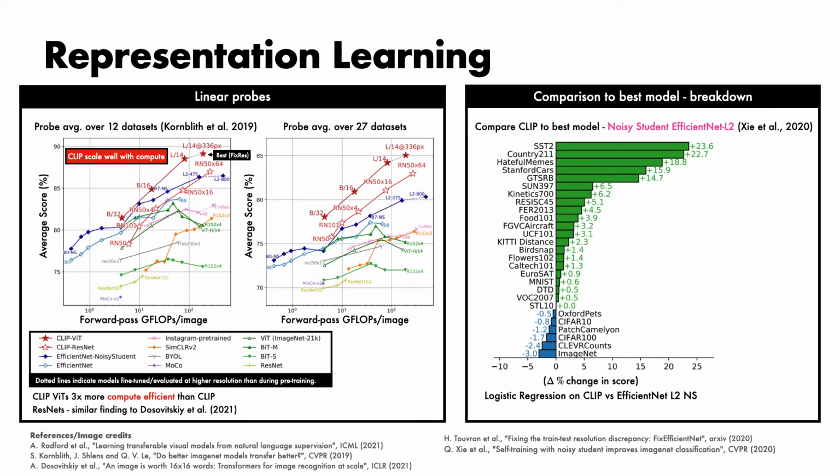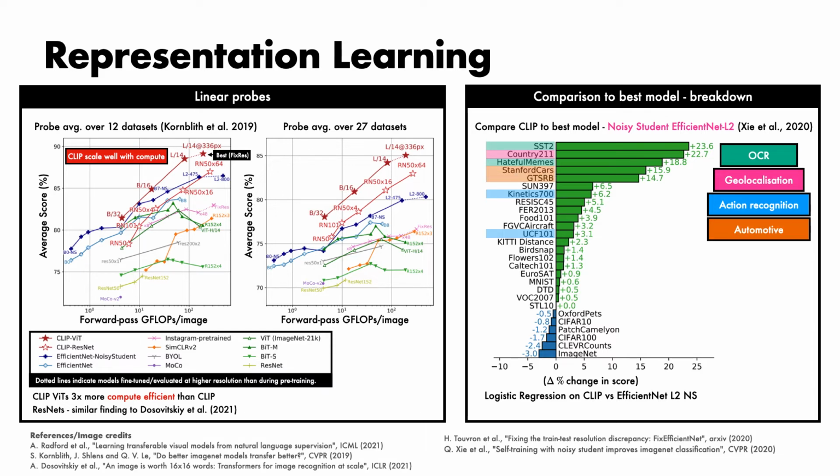For datasets that involve OCR, geolocalization, and action recognition, CLIP shows a clear advantage. This is also true for datasets relating to automotive themes, which the authors note may be a consequence of the narrow supervision provided by ImageNet, which has, for example, a single label for all traffic and street signs.